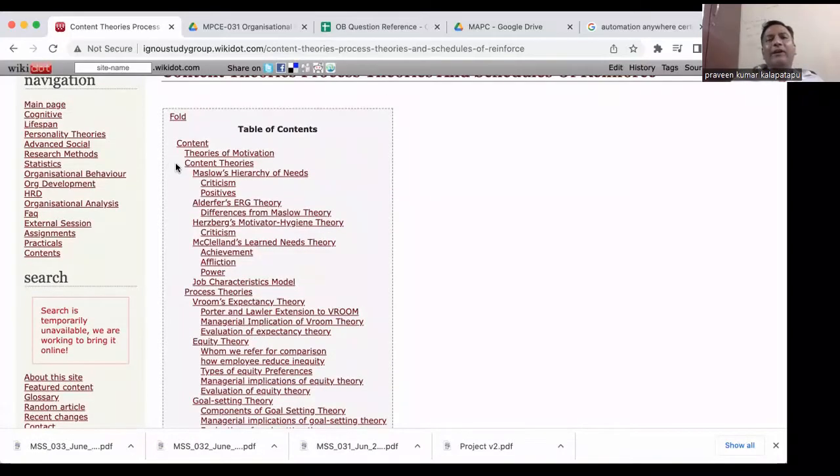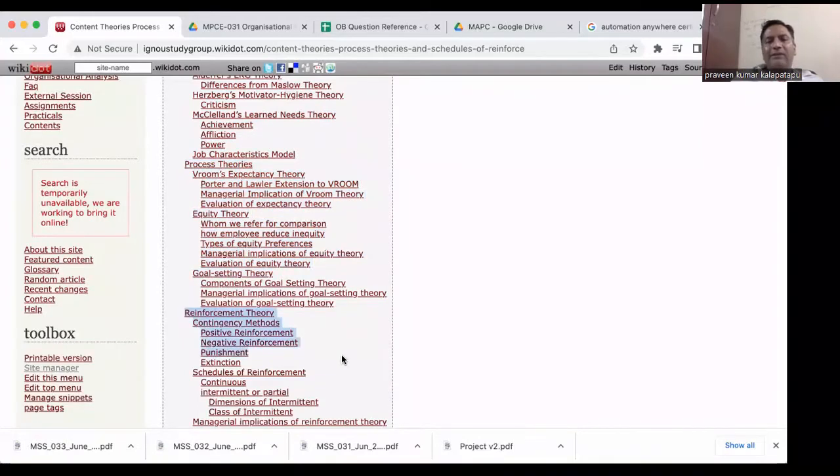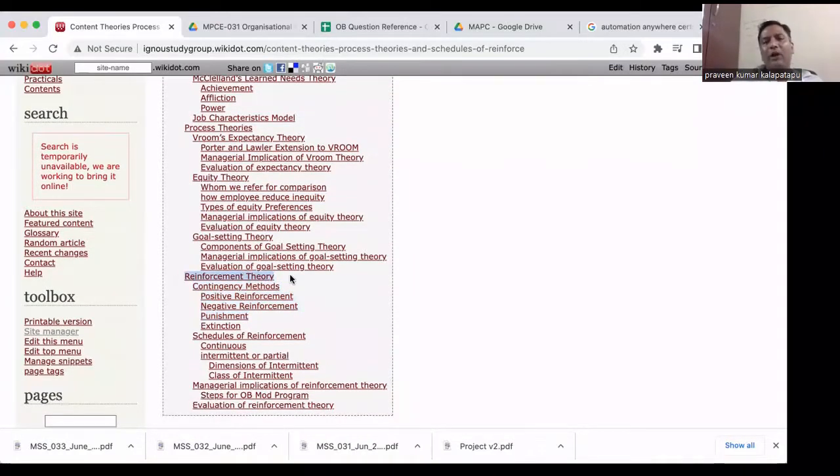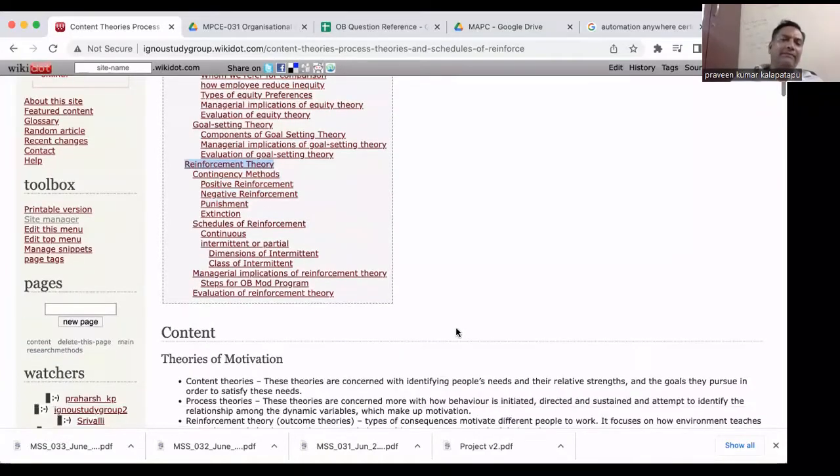Here we are talking about what creates the motivation, what the factors are. There we are talking about how to create the motivation. The last part says, forget about motivation, what you are going to achieve when they are motivated. Let people achieve that. Even motivation is just an intermediate thing. That is reinforcement theory, which talks about the outcome of it.